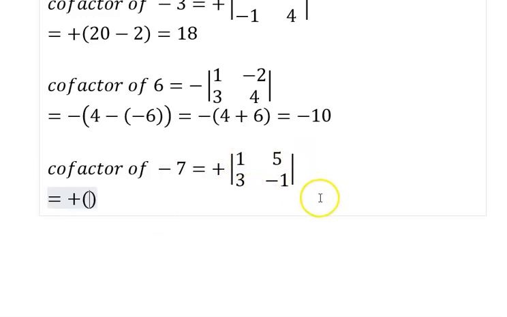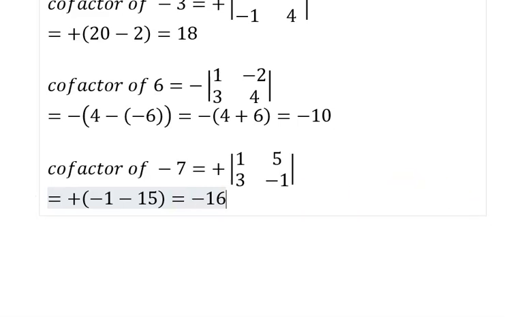Okay, let's go. 1 times minus 1 will give us what? Minus 1. Our usual minus. 3 times 5 will give us what? 15. So because the corresponding sign is plus, minus 1 minus 15 will give us what? Minus 16. Wow, that's beautiful.